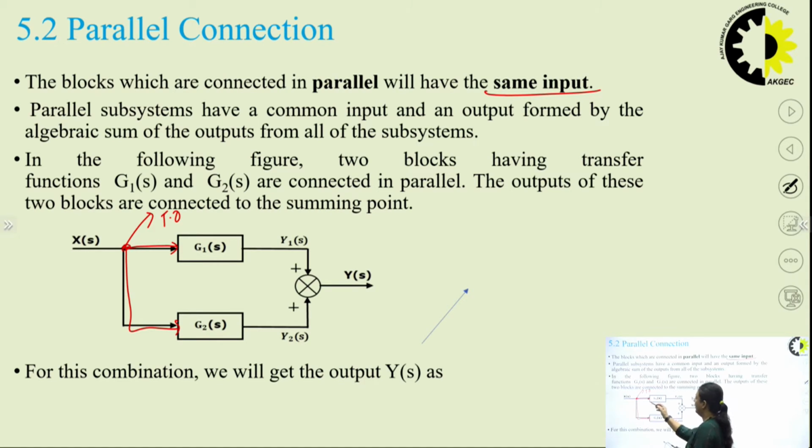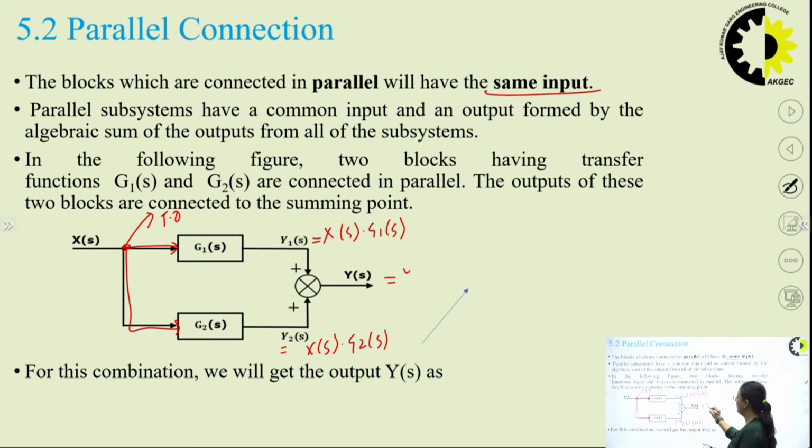So here these two blocks are connected in parallel. Here you are getting the value of Y1(s), which will be equal to X(s) into G1(s), right? And you are getting Y2(s), which will be equal to X(s) into G2(s). Now the output Y(s) will be equal to Y1(s) plus Y2(s).